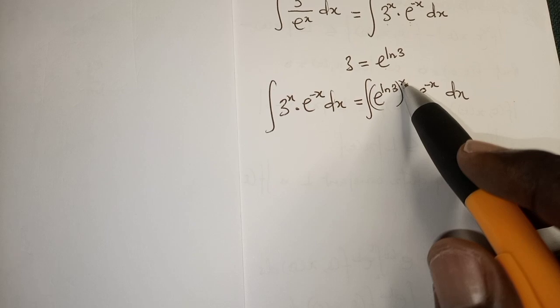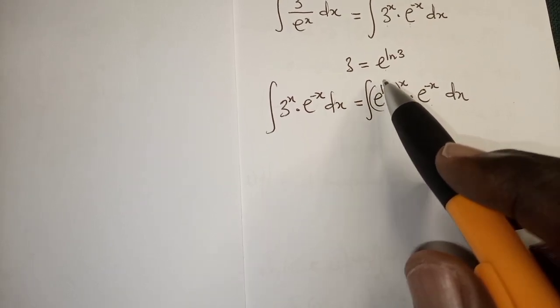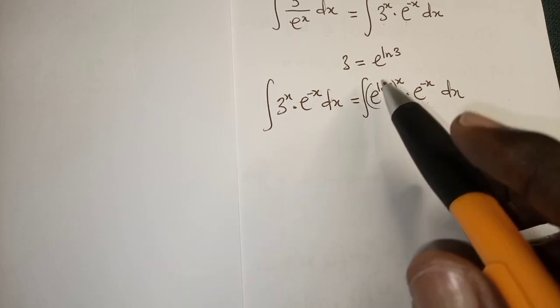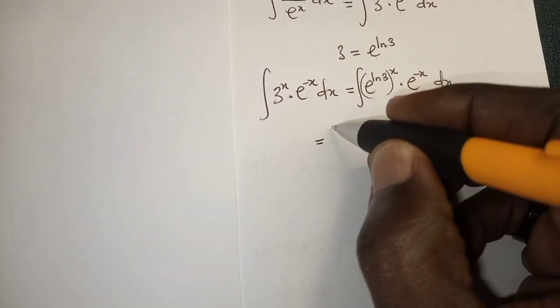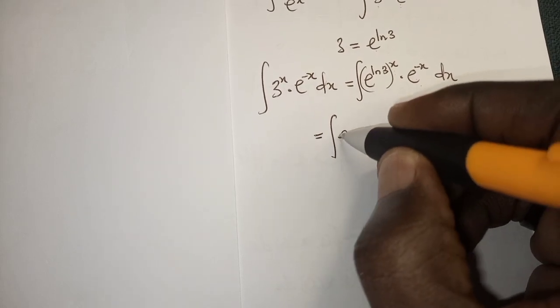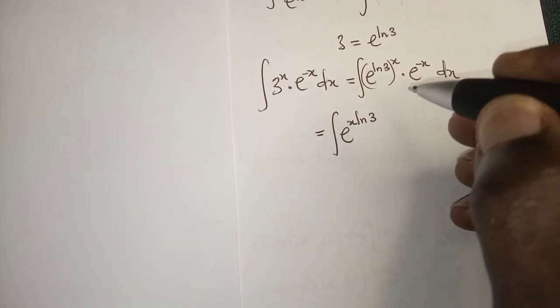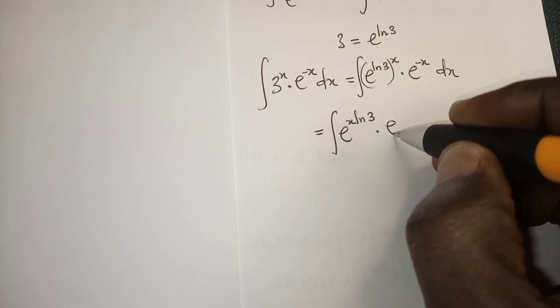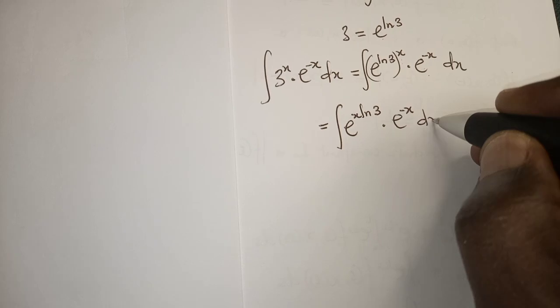Since the x is the exponent of 3, it becomes a coefficient of the ln. So this will be equal to the integral of e exponent x ln 3 times e exponent negative x dx.